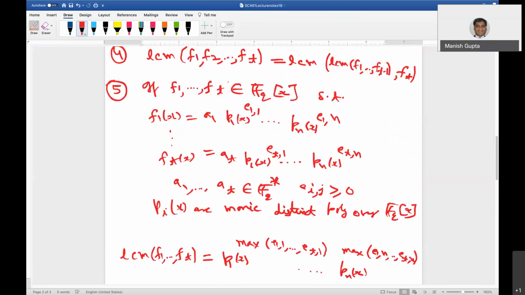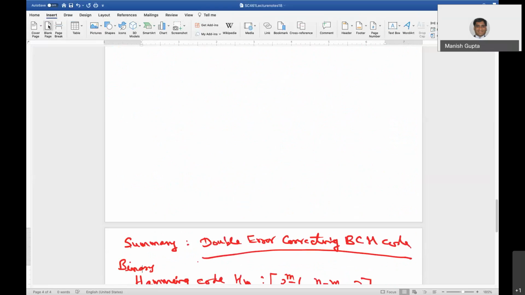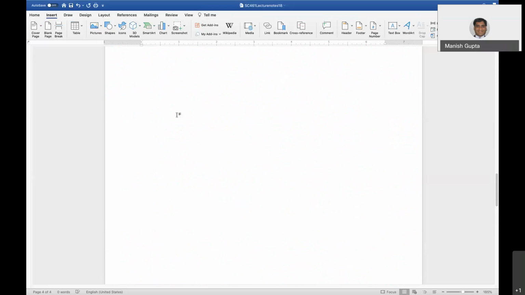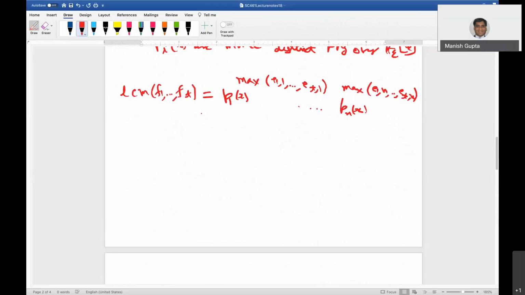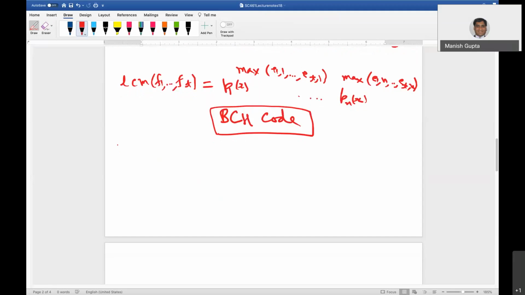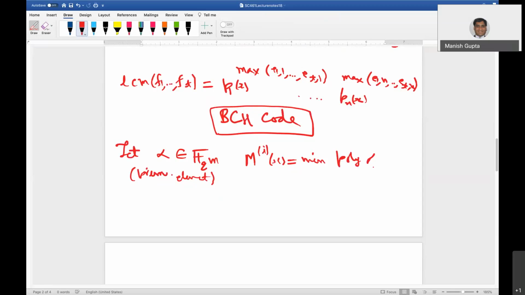BCH code in general. Let alpha be a primitive element in F_{q^m}, and define mi(x) as the minimal polynomial of alpha raised to power i with respect to Fq.